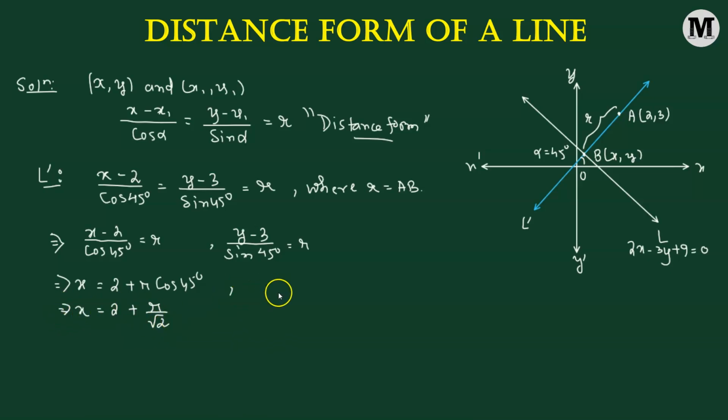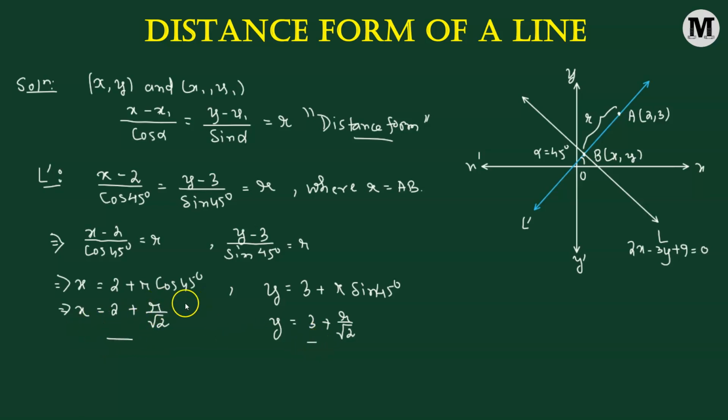And similarly, we can find out y. So y is going to be equal to 3 added to r times sine 45 degrees. We know sine 45 degrees also has a standard value of 1 over square root of 2, such that y becomes 3 plus r over square root of 2. So here what we have done is taken the point B and converted it into a parametric form.